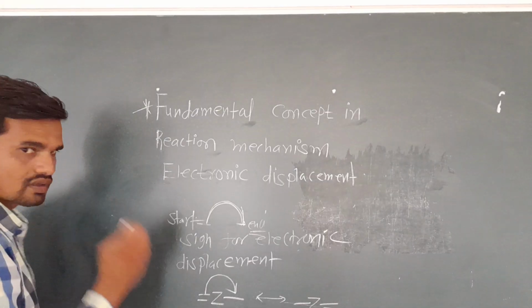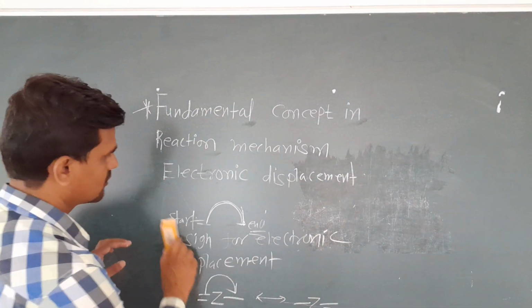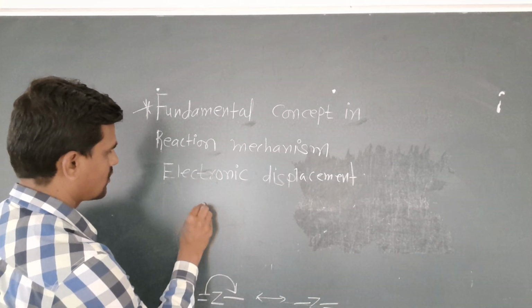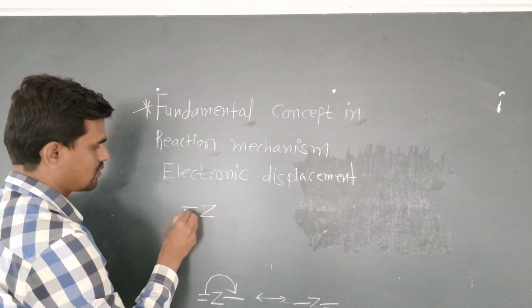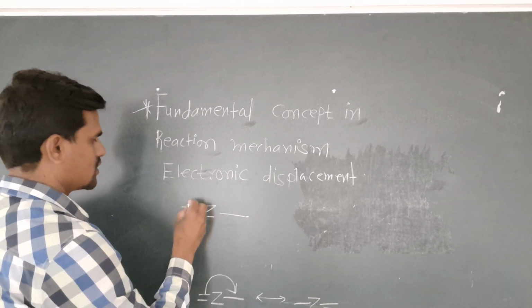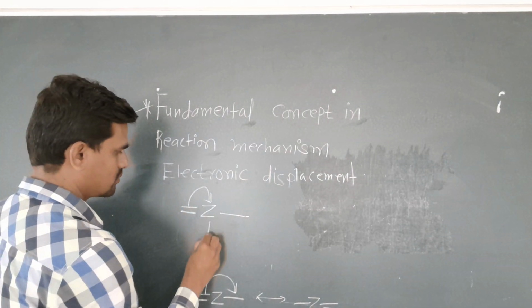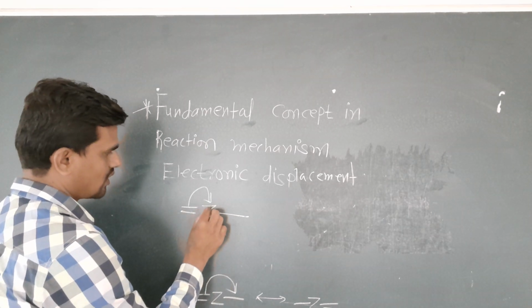Single, and another: this arrow is on the atom, so the electronic displacement is on this atom.